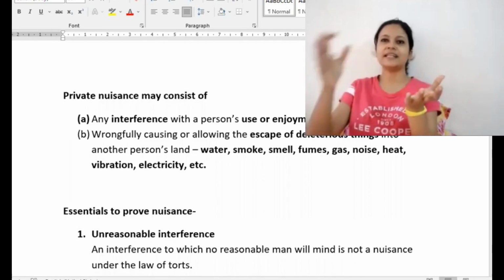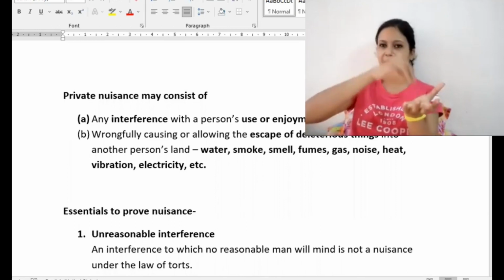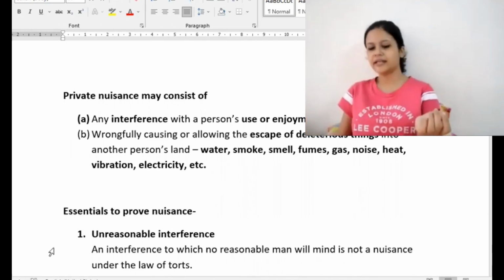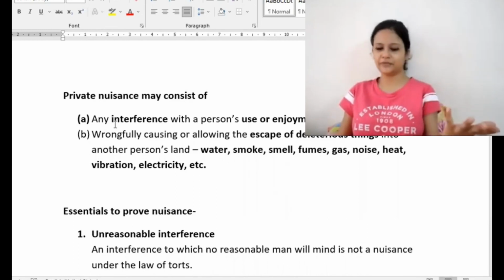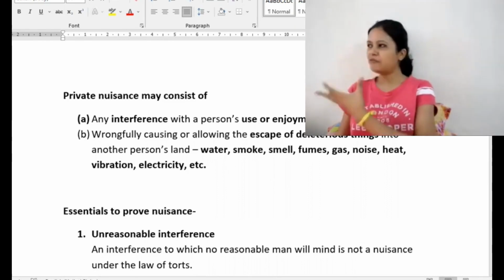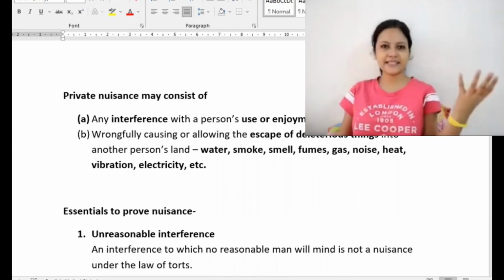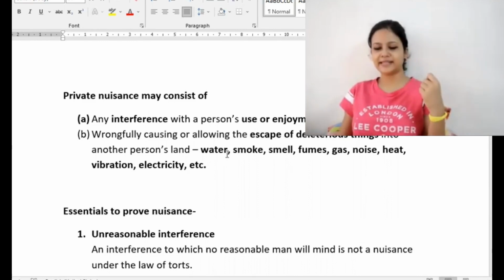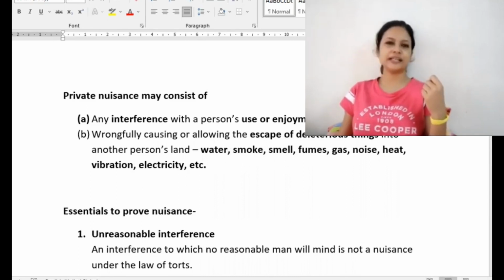If there is any outside interference in my enjoyment of the right, that will be the first ingredient which we need, right? That it is interference with use or enjoyment of the land. Secondly, it may be that some harmful or dangerous things escaped from my neighbor's premises, like water, smoke, smell, fumes, gas, noise, heat, vibration, electricity, etc.